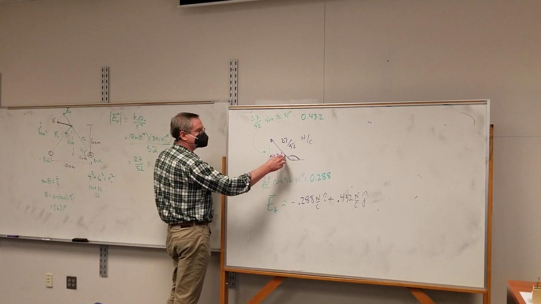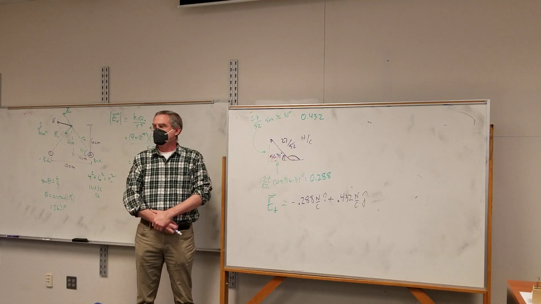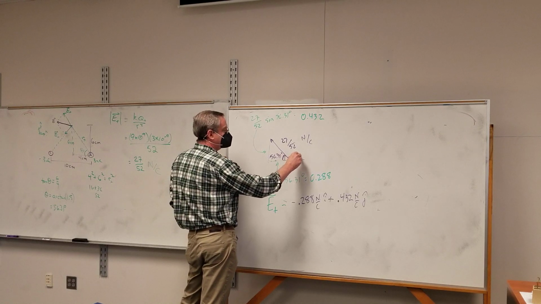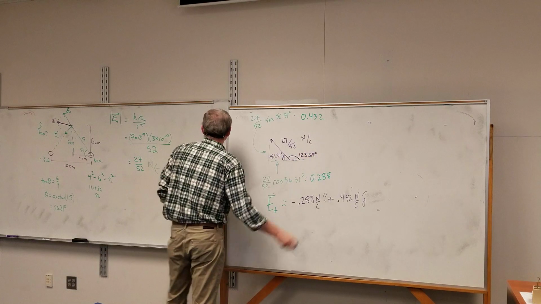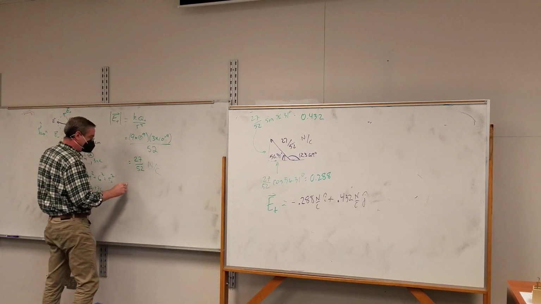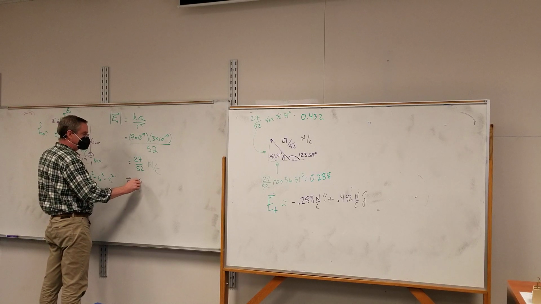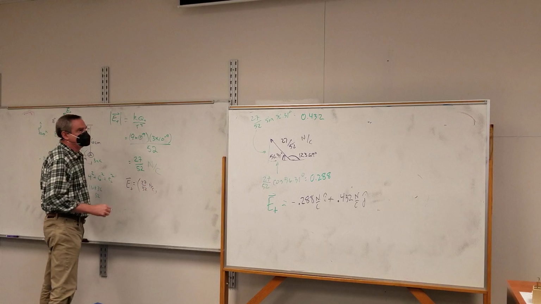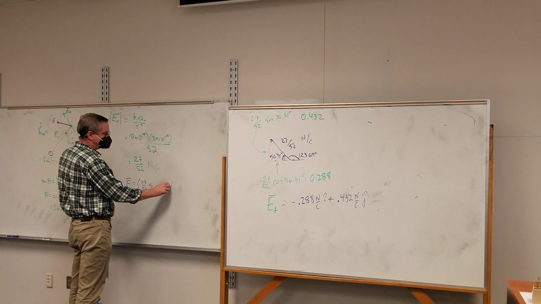What is this angle? 180 minus 56.31 is 123.69 degrees. So in polar form, my electric field is 27/52 newtons per coulomb at 123.69 degrees.